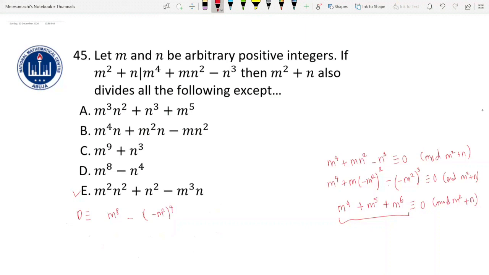So we have this congruent to m to the 8th power minus m to the 6th power.